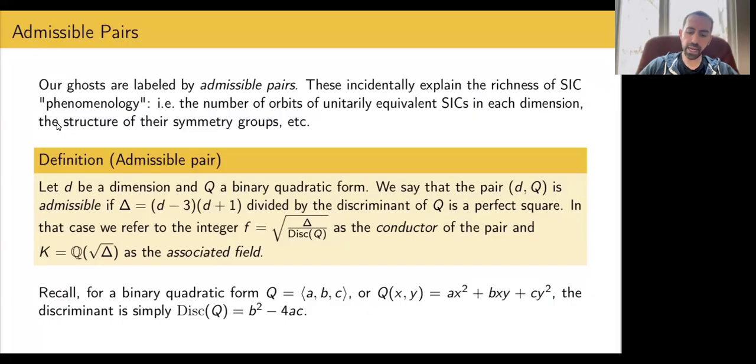So in that case, we take the square root of that integer, and we call that the conductor of the pair. And we also let Q adjoin root delta. We call that the associated field. Okay? So it really is just an integer D and a quadratic form that has some special property that relates the discriminant of that form to this magic number delta. Okay? That's all an admissible pair is.